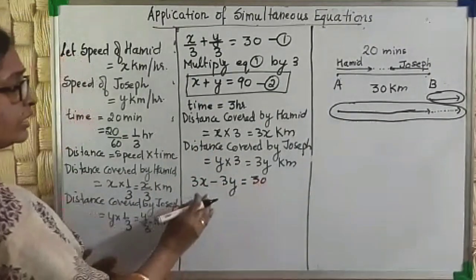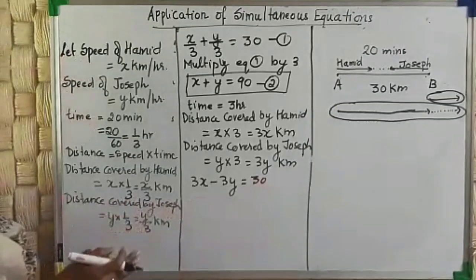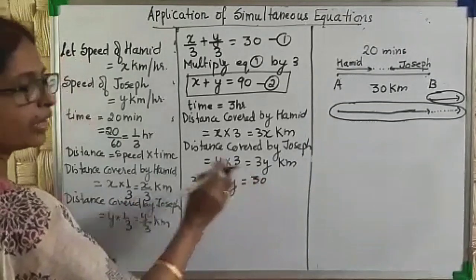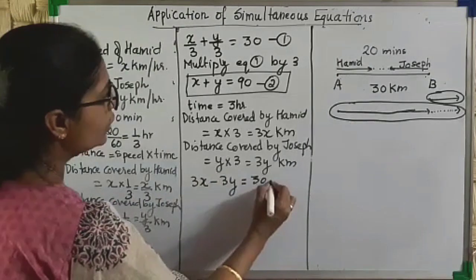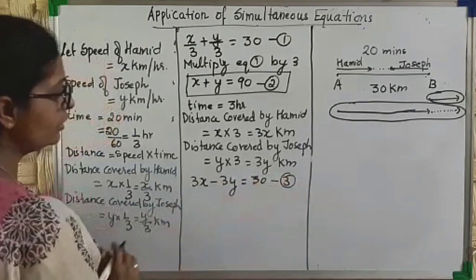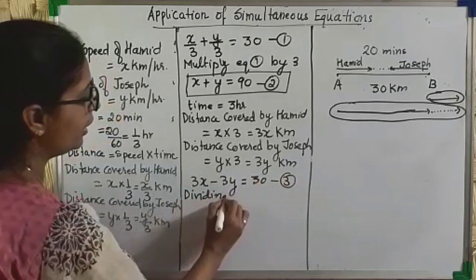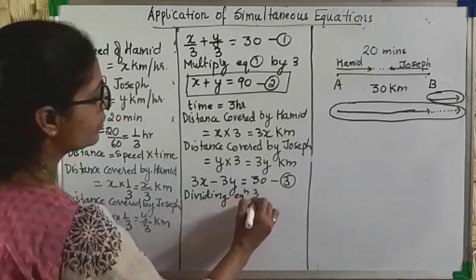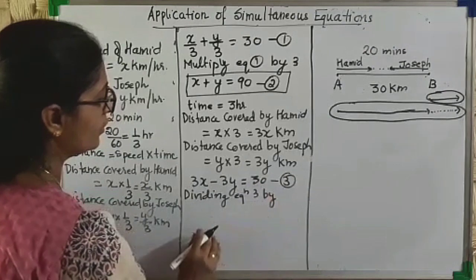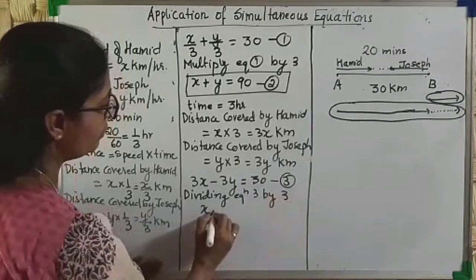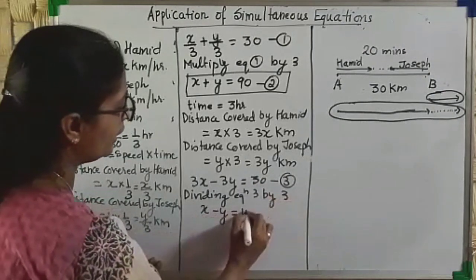Again, this equation can be simplified by dividing the whole equation by 3. So number it as equation 3, dividing equation 3 by 3, you will get x minus y equal to 10.